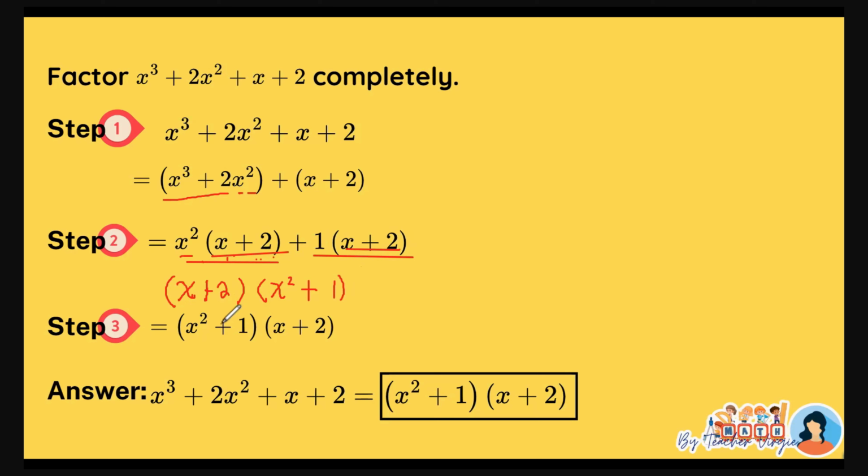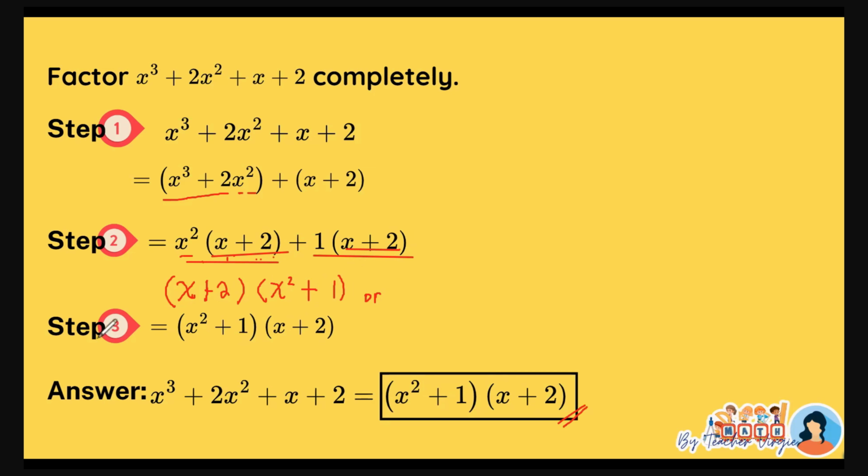Now we can write the factors in ascending or descending order. We can write it like this or this one, so either is your final answer. But if you want to arrange from greatest to lowest based on degree, it's x squared plus 1 times x plus 2. That's it.